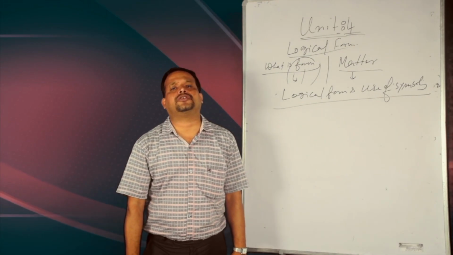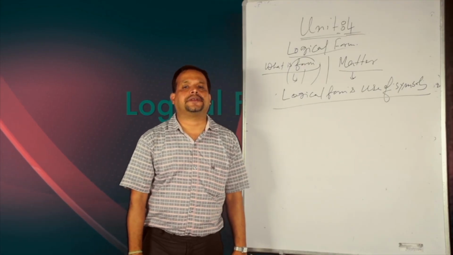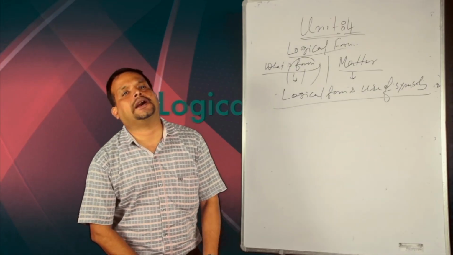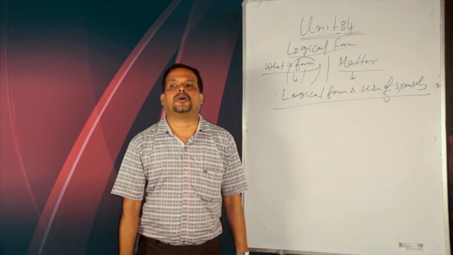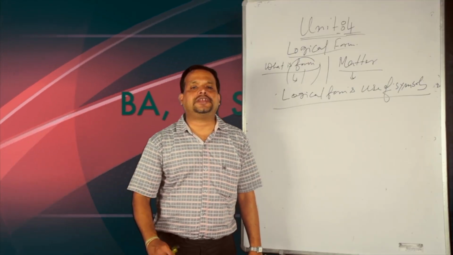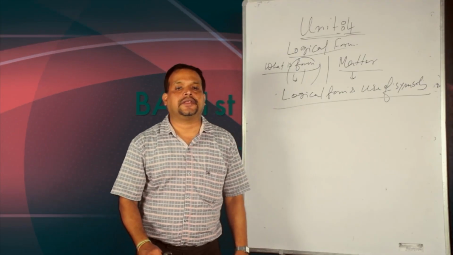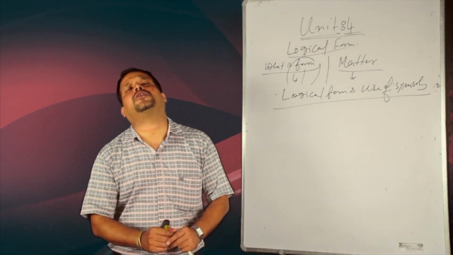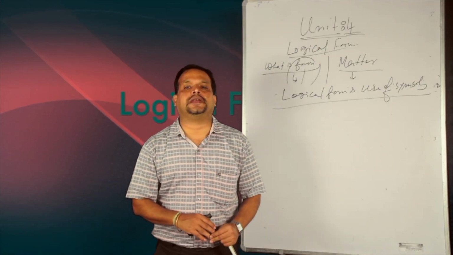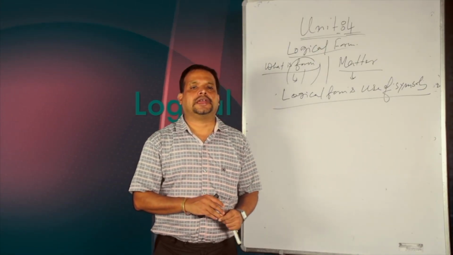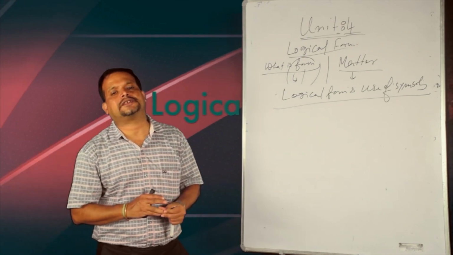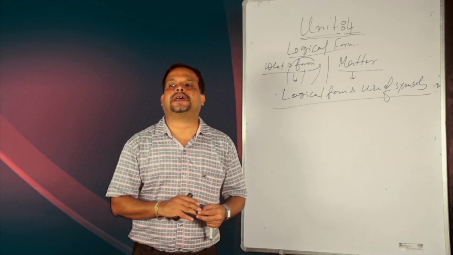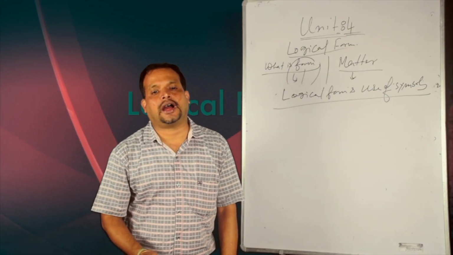The study of logical form is important because it is directly connected with the determination of the validity and invalidity of the argument. If the logical form of the argument is valid, then the deductive argument will be valid, and if the form of the argument is incorrect, then the argument is invalid. Therefore, there is a close connection between the logical form and the validity and the invalidity of the argument.